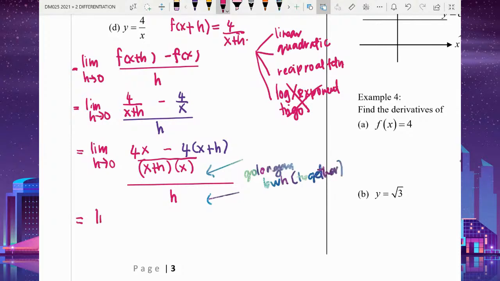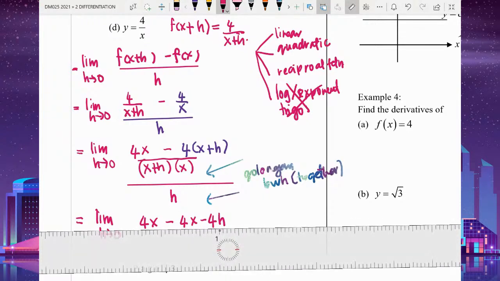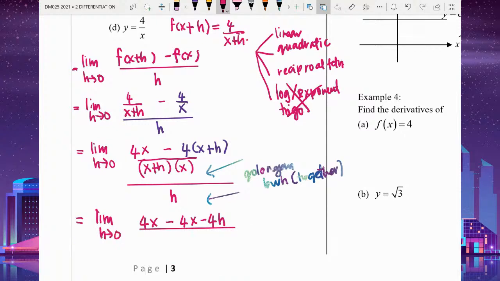Now limit h approaching 0, 4x minus 4h over h times x plus h. I just rearrange. Can or not? The lower class befriend each other. Thank you Ridwan. Okay, very good. So 4x and 4x you can cancel out.